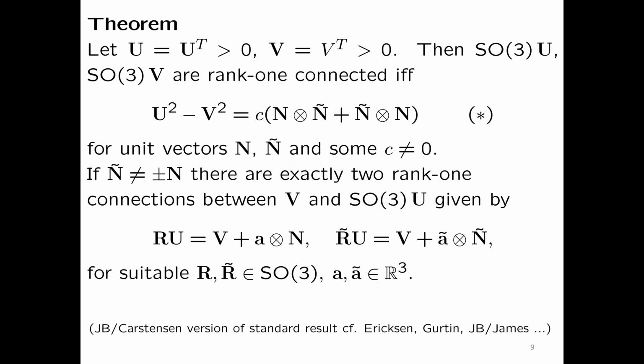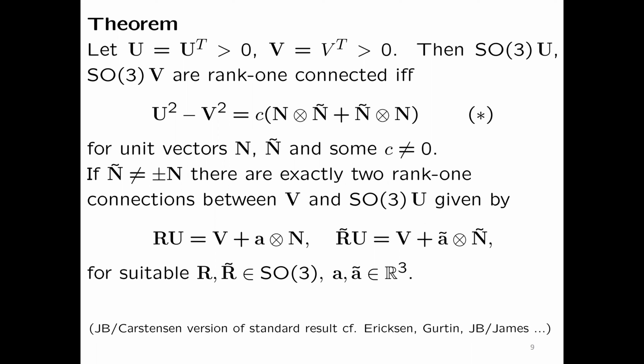So here's a theorem which tells you when SO3 U and SO3 V are rank 1 connected, where U and V are positive definite symmetric matrices. And the answer is that U squared minus V squared is a non-zero constant times n tensor n tilde plus n tilde tensor n, the unit vectors n and n tilde. And if n tilde is not parallel to n, then there are exactly 2 rank 1 connections between any point on one of the wells and the other well.